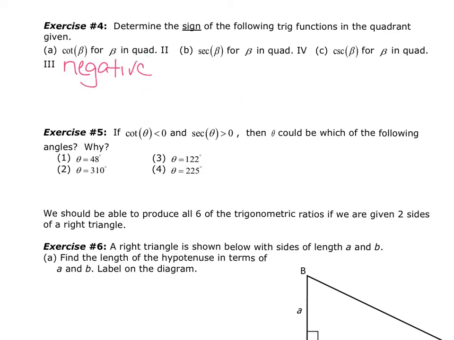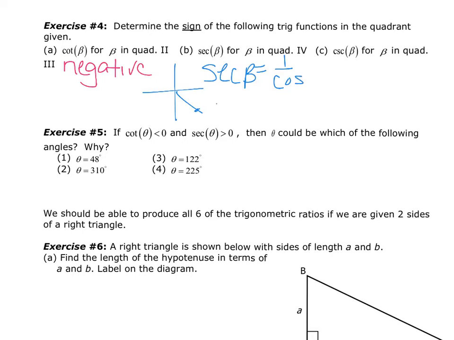Part B says the secant of beta for beta in quadrant 4. So here we are, we're in quadrant 4. The secant is the reciprocal of the cosine, right? So it's 1 over the cosine.